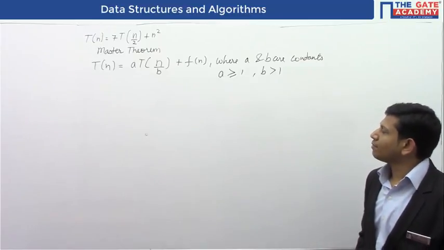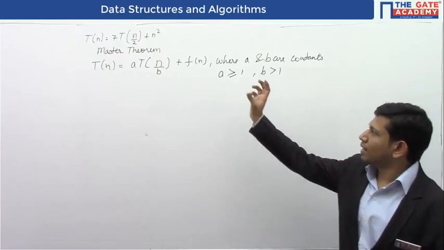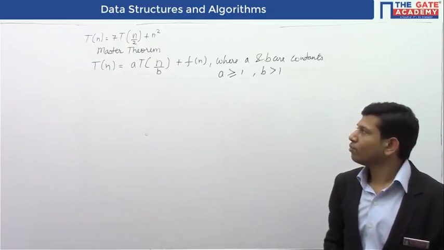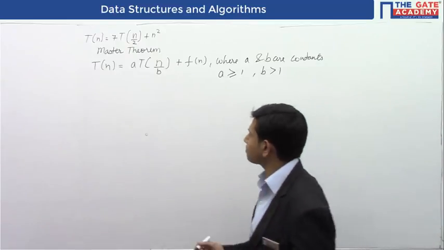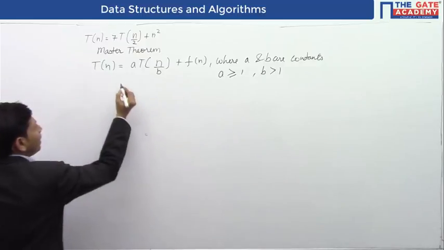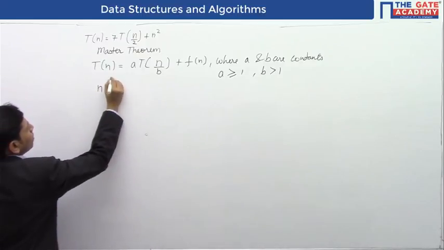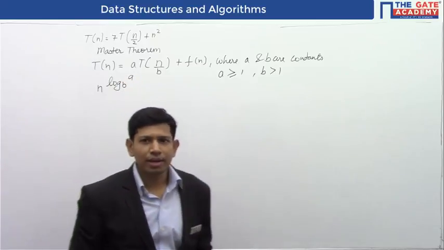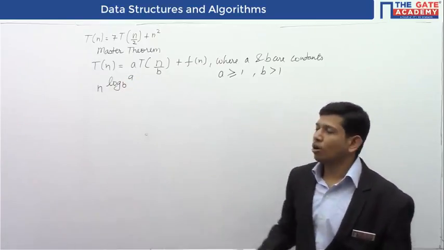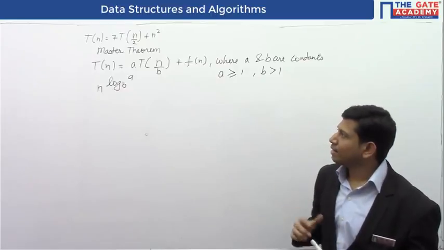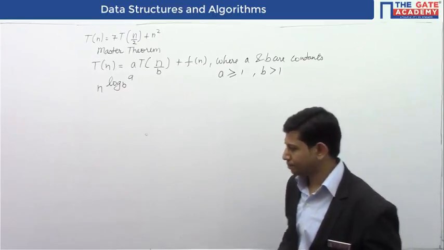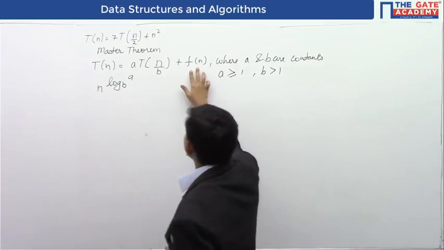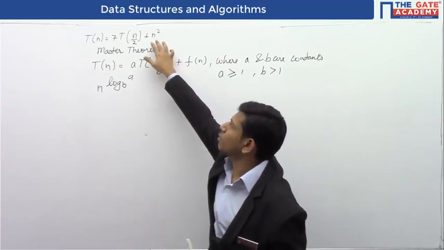Once we have the given problem expressed in the standard form, next we find out the value of n raised to power log of a base b, and then we compare it with f(n). What is f(n)? f(n) is this function. In this problem it is n square.